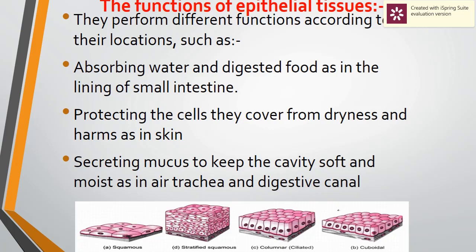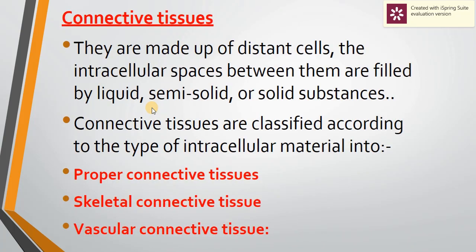And we have the inner cavity of the trachea, where they secrete mucus to keep it smooth and moist. Like the lining of the intestine, they also secrete mucus to help them. So their function differs according to the place they are found in.